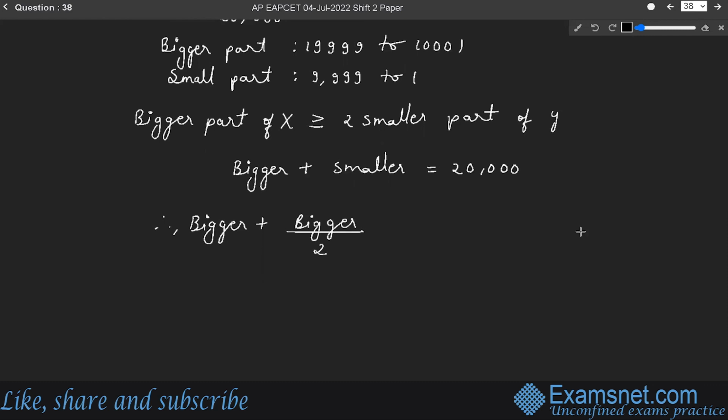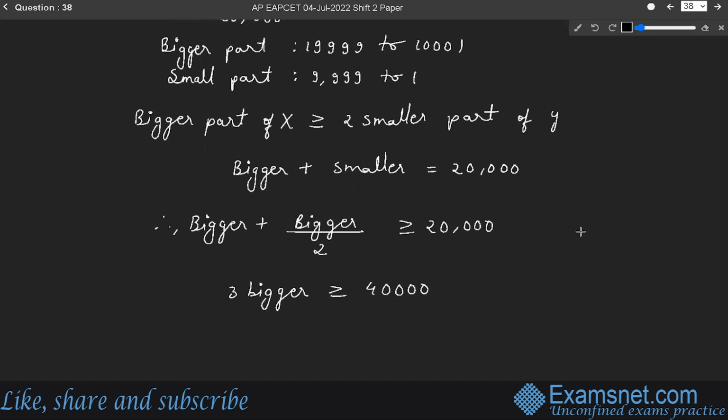So bigger plus bigger by 2 will be greater than or equal to 20,000. X can get half or more than half. So for half it is bigger by 2 and for more than half it is bigger. So on taking the LCM, it will be 3 bigger is greater than or equal to 40,000.